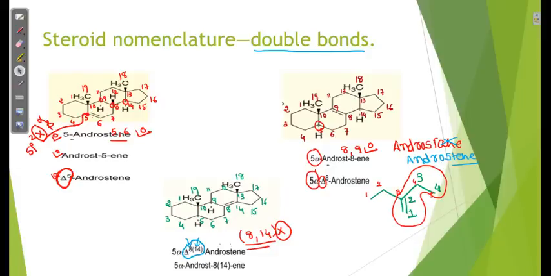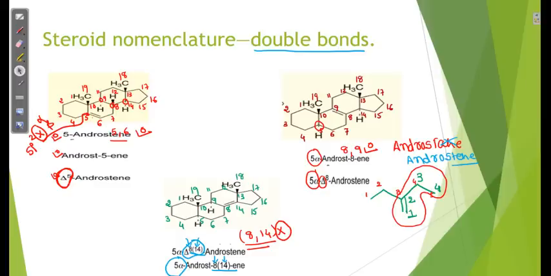But in the case of steroids, a double bond can be between non-sequential numbers. In that case, we have to indicate it this way: starting from 8, and the highest number comes in the bracket. 5 alpha we have to indicate when there is no double bond present.